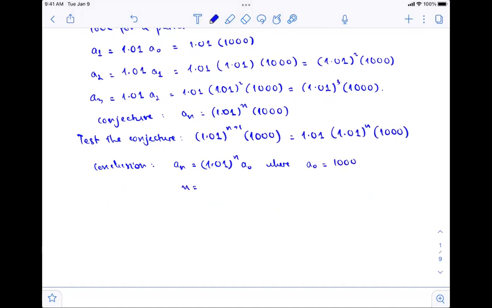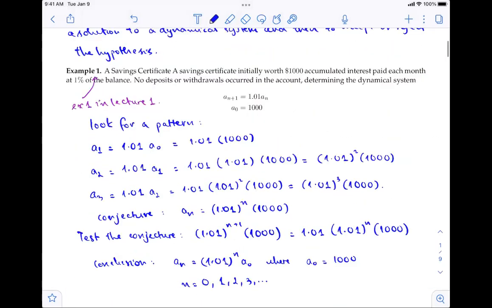And n in this case is 0, 1, 2, 3, and so on. All right, so that is the procedure for us to obtain the formula to calculate the value of any particular term of the sequence given any value of n.